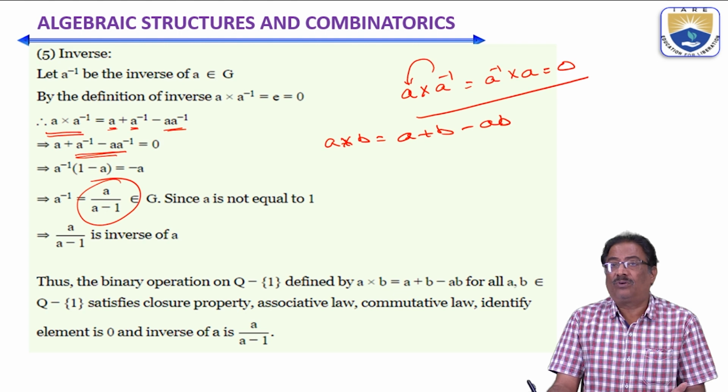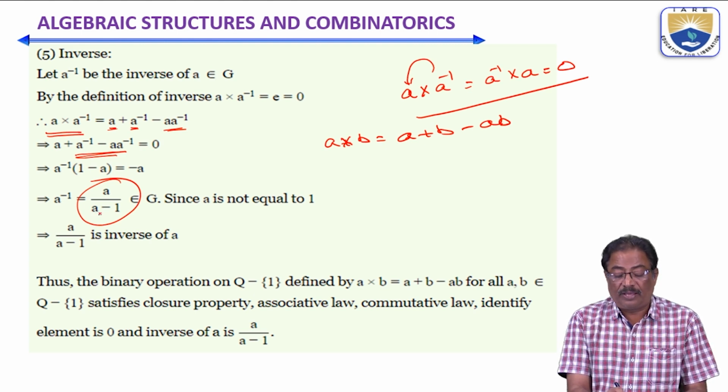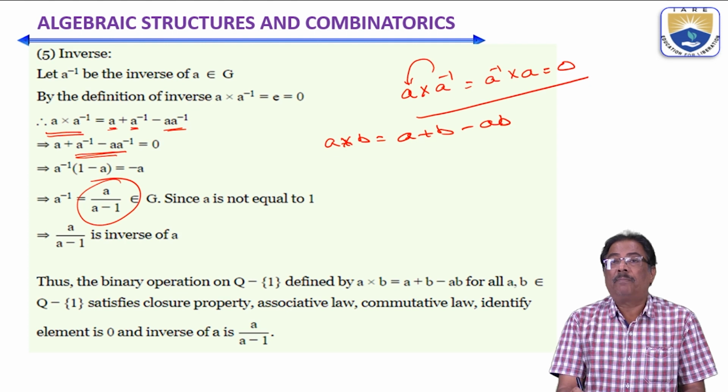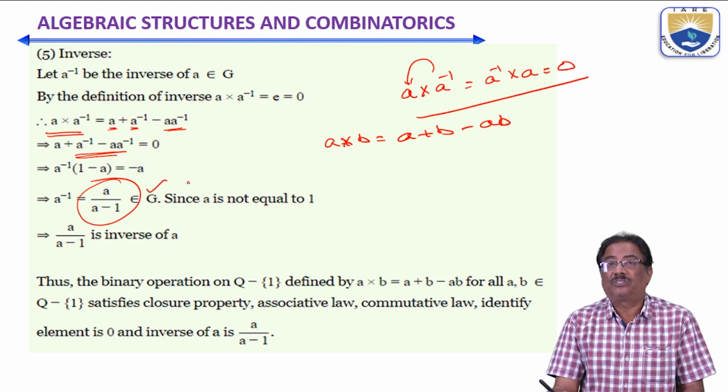Here A is not equal to 1, so it is not an undefined value, because the denominator will not become 0. So we get some value. Subsequently A inverse is equal to A by A minus 1, and definitely it belongs to G.